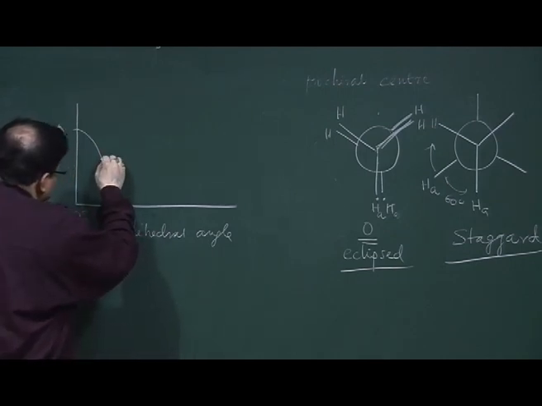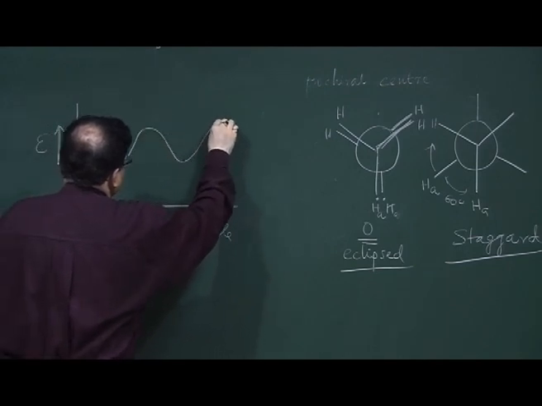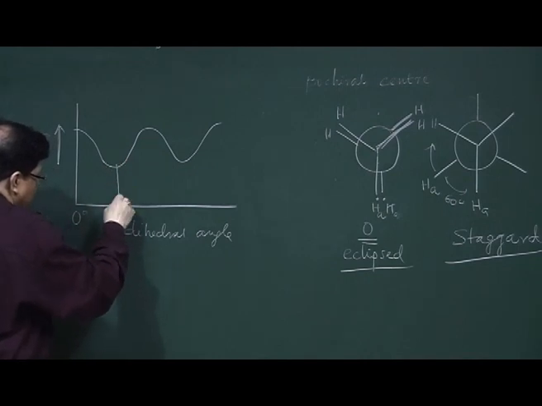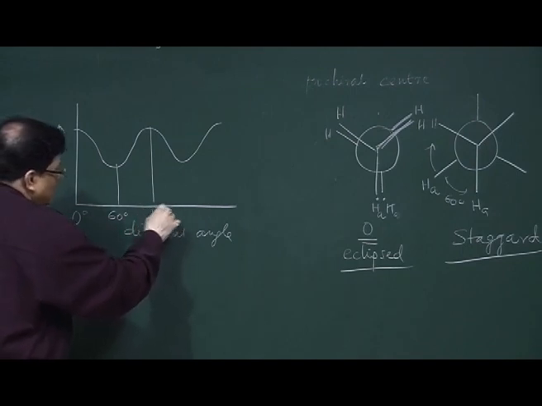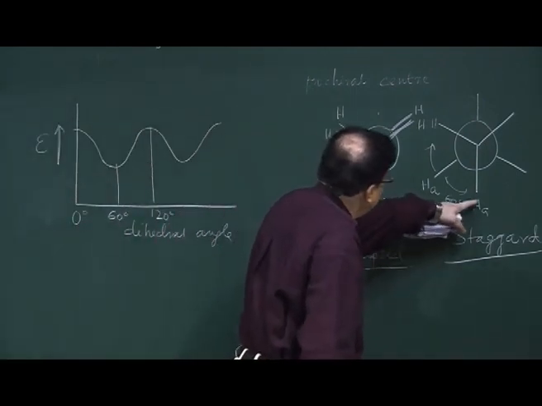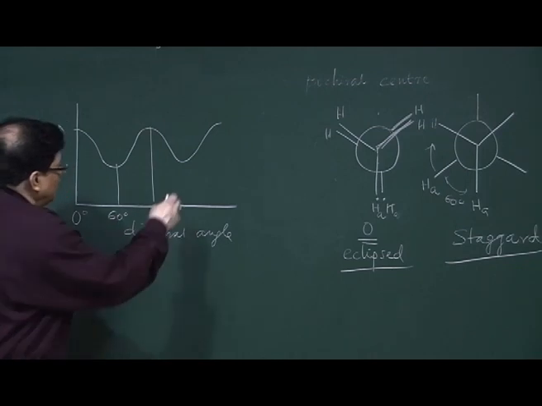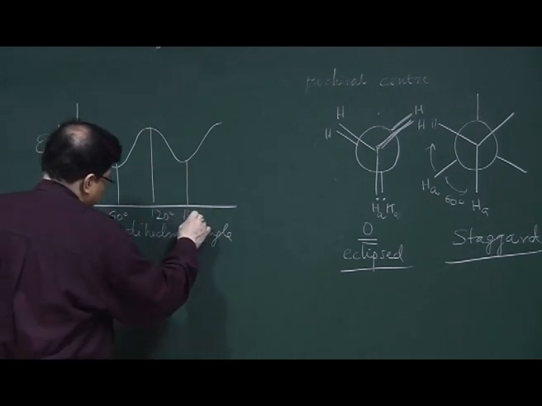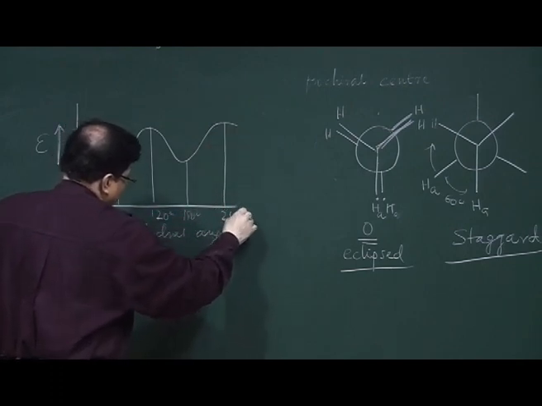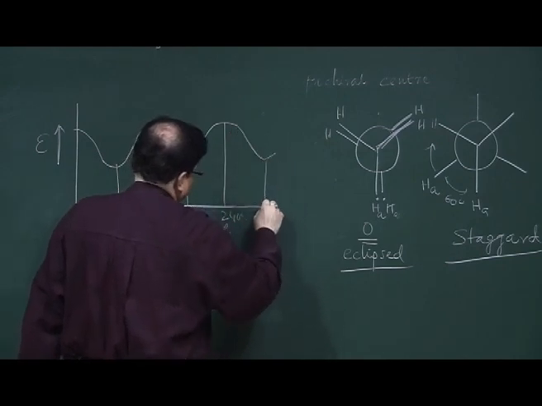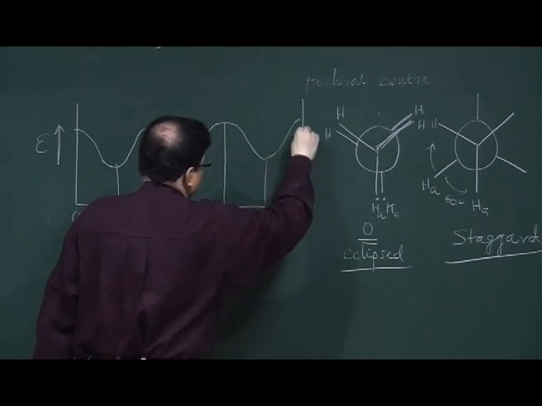So, what will happen? This will take up a shape like this. So, this is after 60 degree rotation, this is after 120. 120 means you again get these two hydrogens eclipsing each other, then you have a 180 degree rotation, then you have 240 rotation, then you have a 300 degree, and finally a 360, you come back to the eclipsed form.